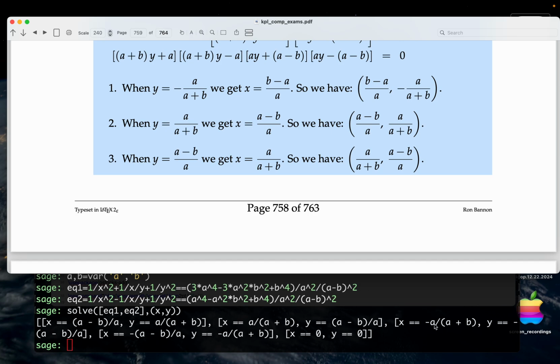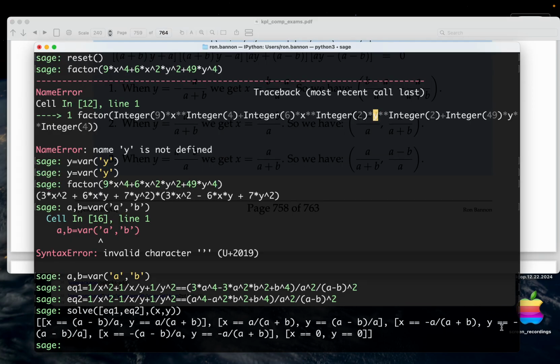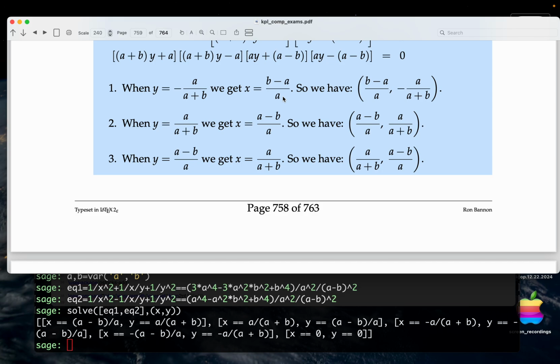Yeah, the second one. And the third one, minus a over a plus b. A minus b over a. Yeah, I do see that. I got the x.